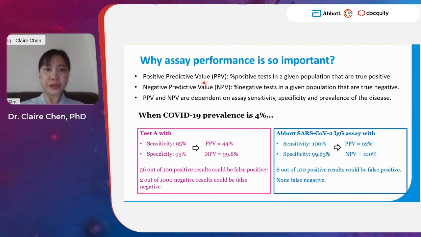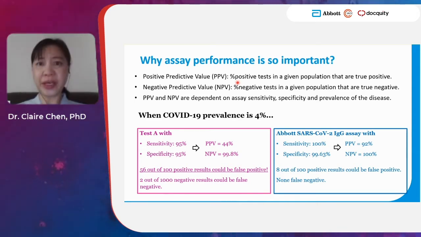I'm sure you all know these two parameters called positive predictive value and negative predictive value. The positive predictive value, or PPV, is the percentage of positive tests that are true positive in a given population, while the NPV is the percentage of negative tests in a population that are true negative.